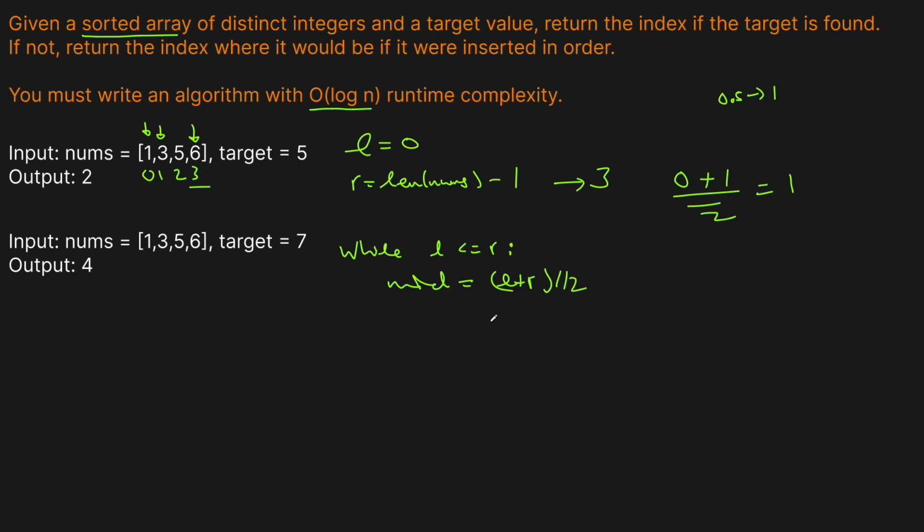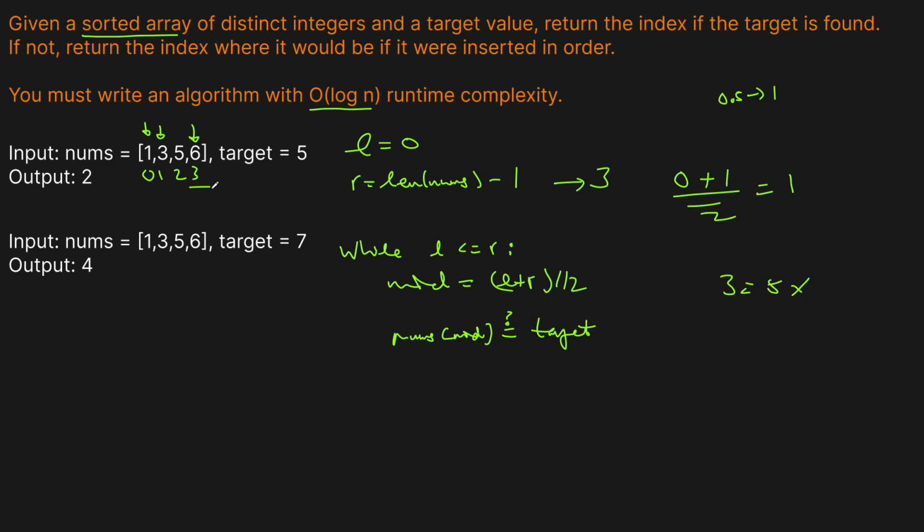So what we want to do is actually check, is the value, let's kind of clean that up. We're going to say nums of whatever the midpoint index is. Does this equal to our target, right? Does it equal to the target? So we're going to check, does 3 equal to 5?